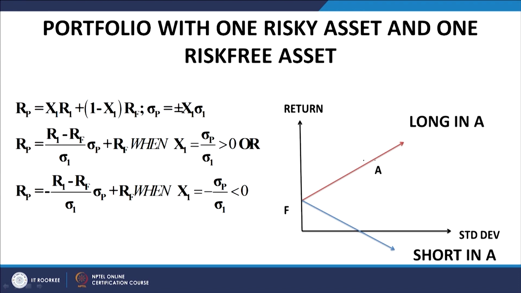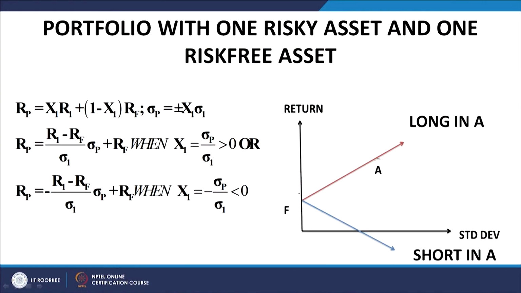At point A, we have completely 100% of the risky asset A. As we move from A to F, we are investing partly in the security A and partly in the risk free asset.